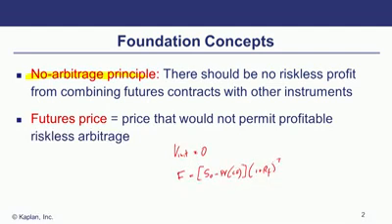Now in this formula we see both costs of carry as well as benefits of carry. The risk-free rate represents the cost of borrowing, i.e. the cost of carry. You can see that we are compounding the spot price at the risk-free rate, so higher costs of carry will increase the futures price.